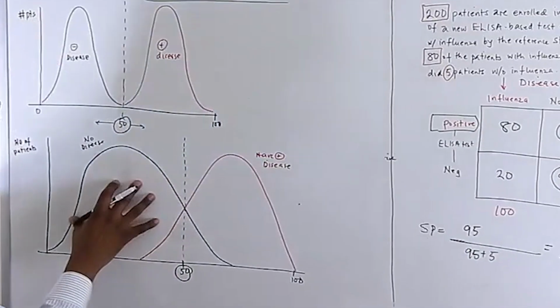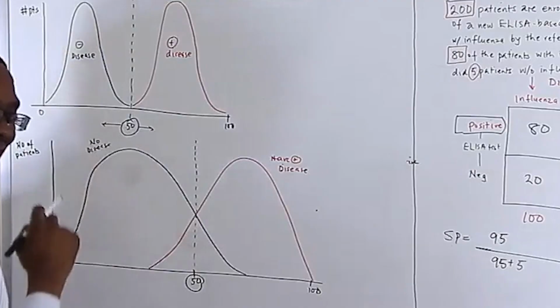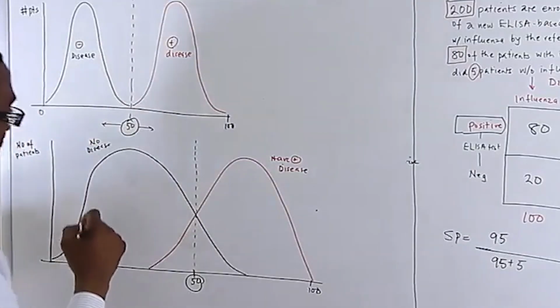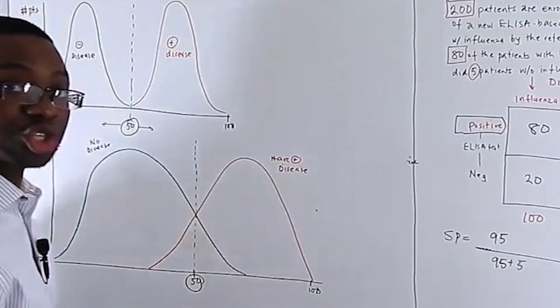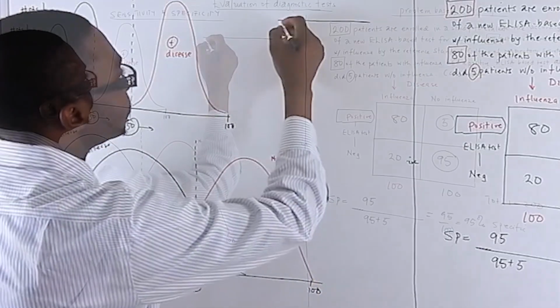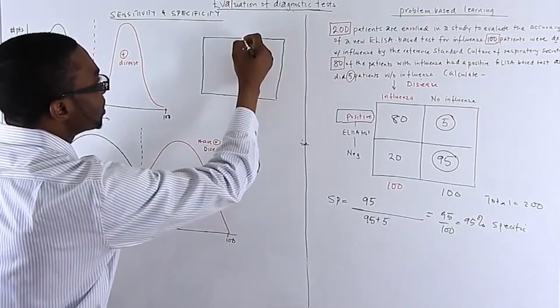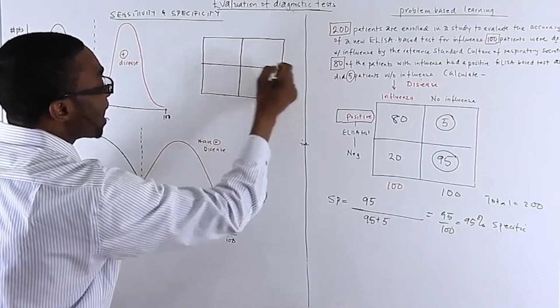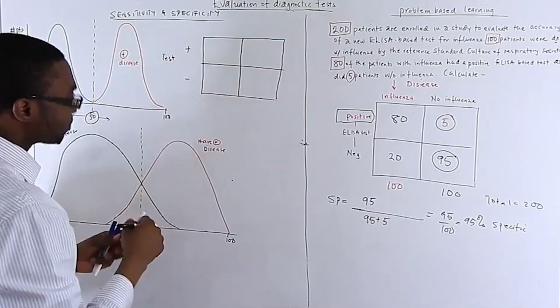Okay, so let's start with the black line. The black line says no disease, right? Now, no disease is going to test the true negative. Let's draw out our 2x2 table so we can see this in the table representation. Remember, in that table we said we're going to order a test, and the test can be either positive or negative.